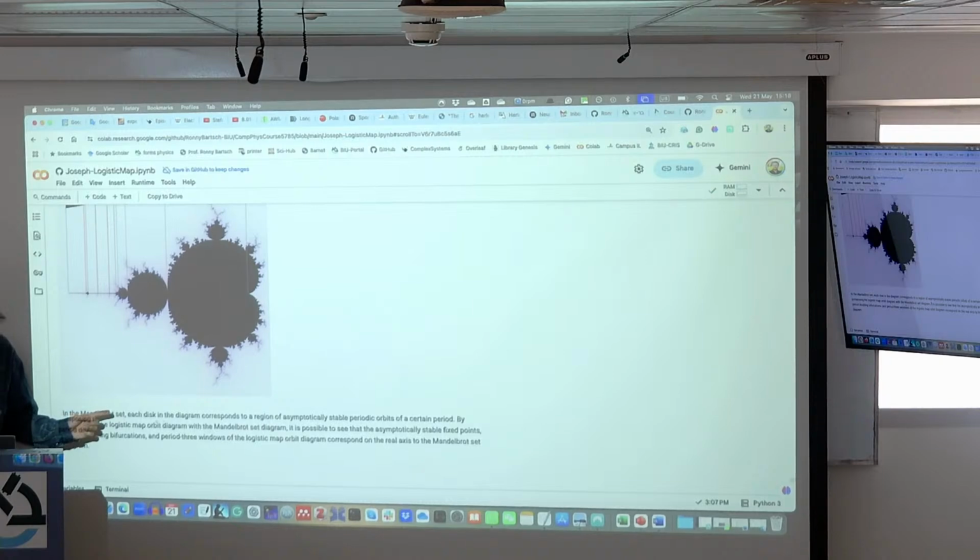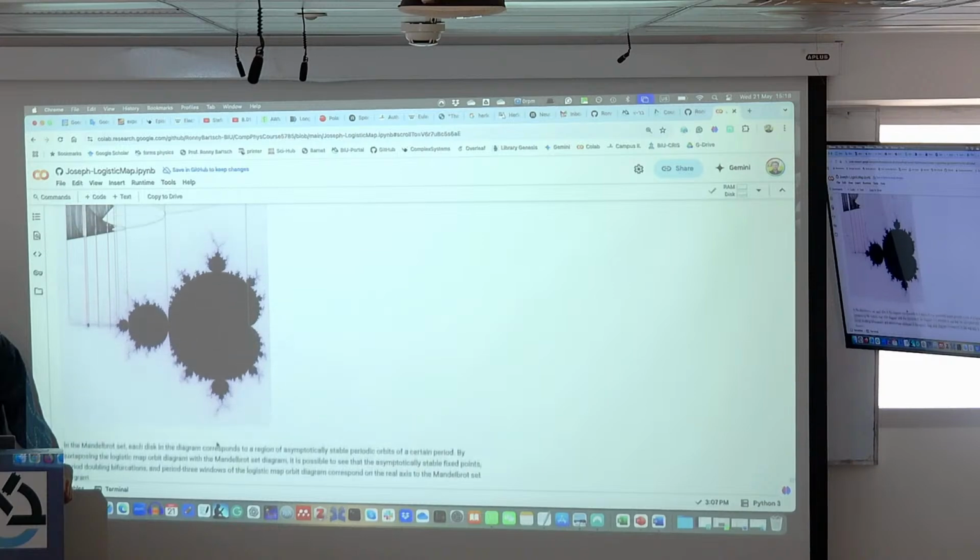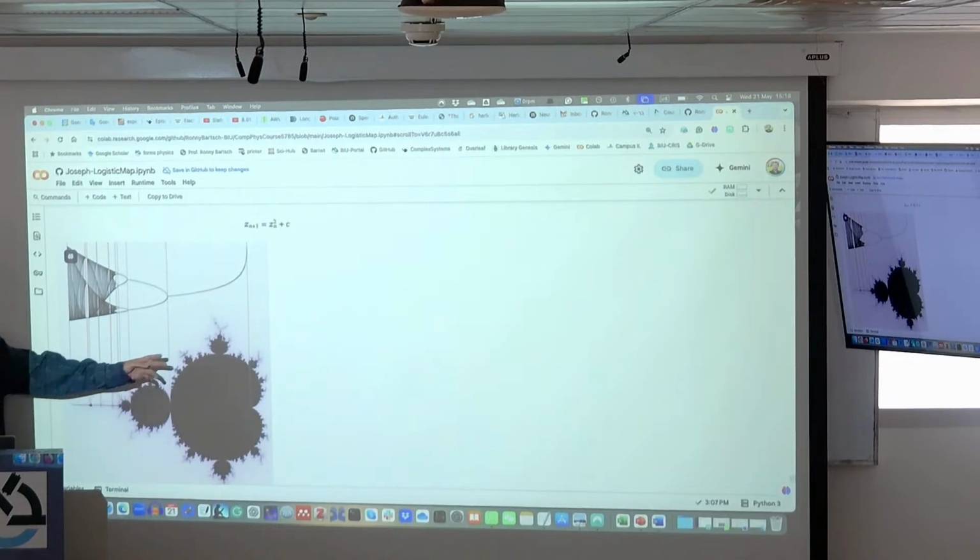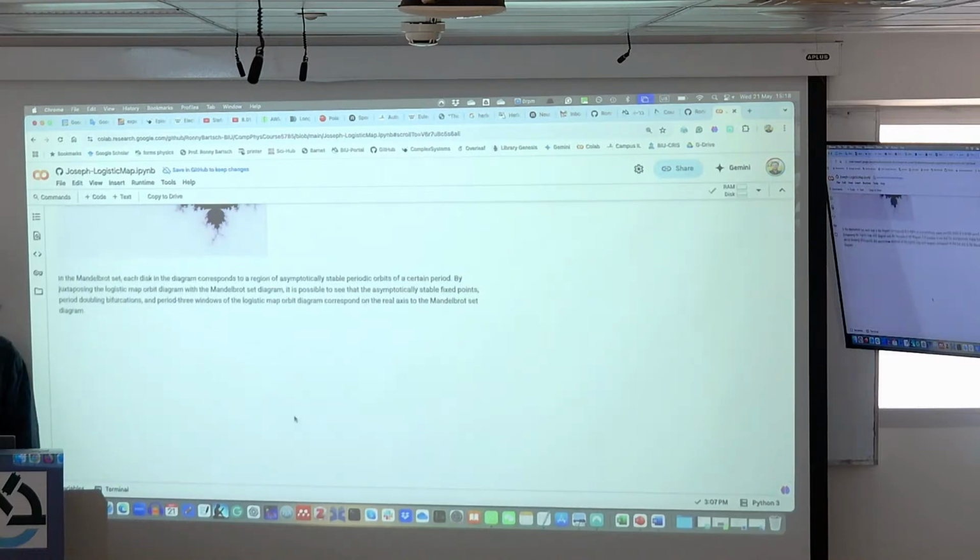By superposing the logistic map orbit diagram with the Mandelbrot set diagram, it is possible to see the stable fixed points, period doubling bifurcations, and here are 3 windows of the logistic map. The orbit diagram corresponds to the real axis of the Mandelbrot set diagram. Here you can see the start point and the bifurcation point, again and again. Yeah, that's all of mine.